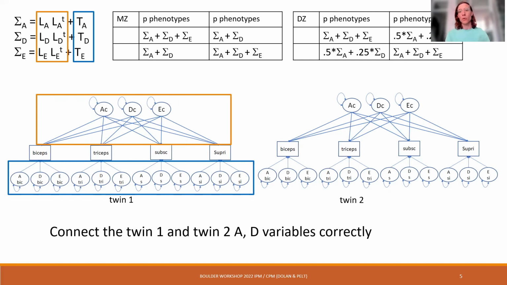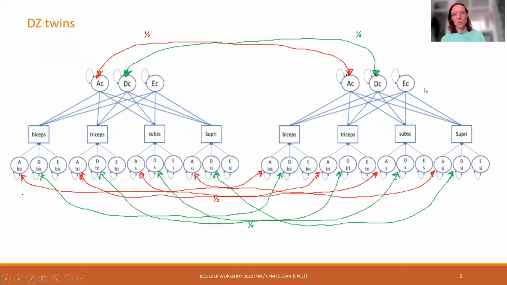So, to make it a twin model, to be able to estimate it, we need to connect the genetic effects across twins, like we've seen before, and like we see here in the expected covariance matrices of MZ twins on the left and DZ twins on the right. Well, this connection is pretty straightforward by now.